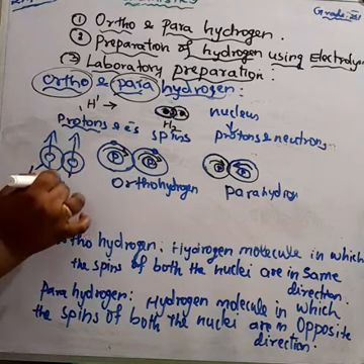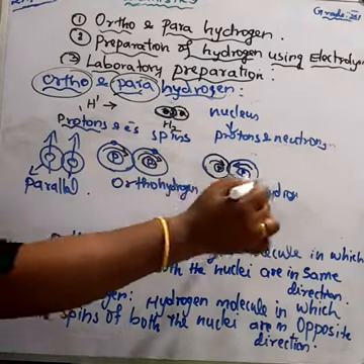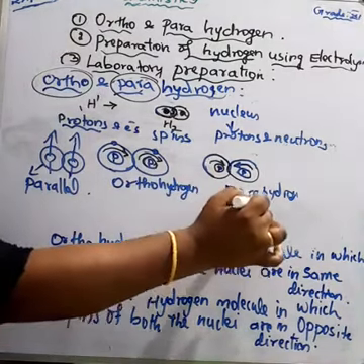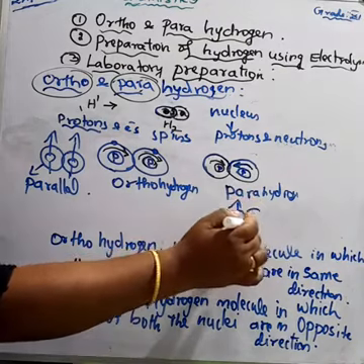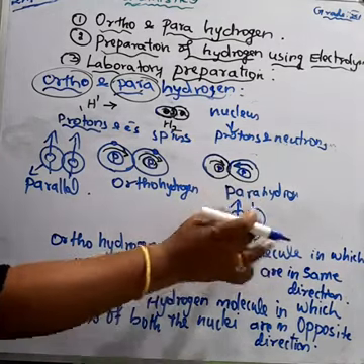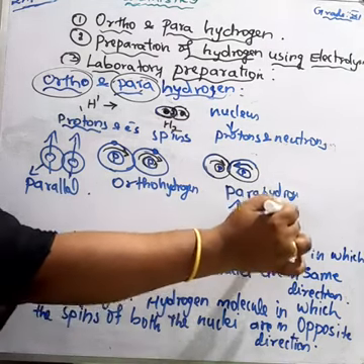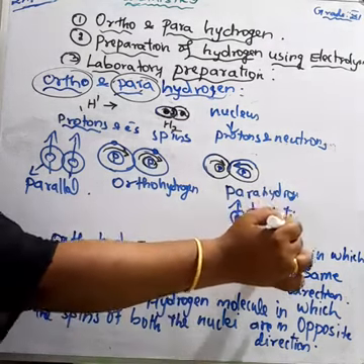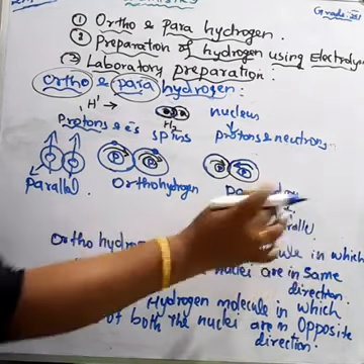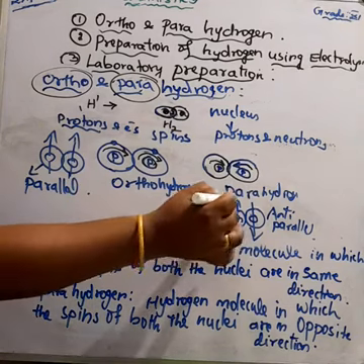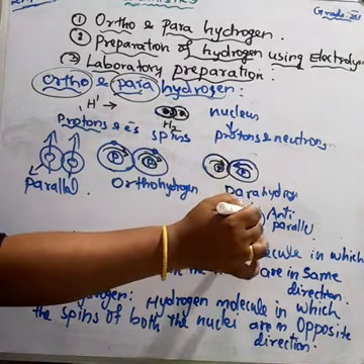Okay, the spins which are anti-parallel, that is, spinning of protons in the nuclei in anti-parallel or opposite direction. One proton spinning this way and another proton spinning this way.